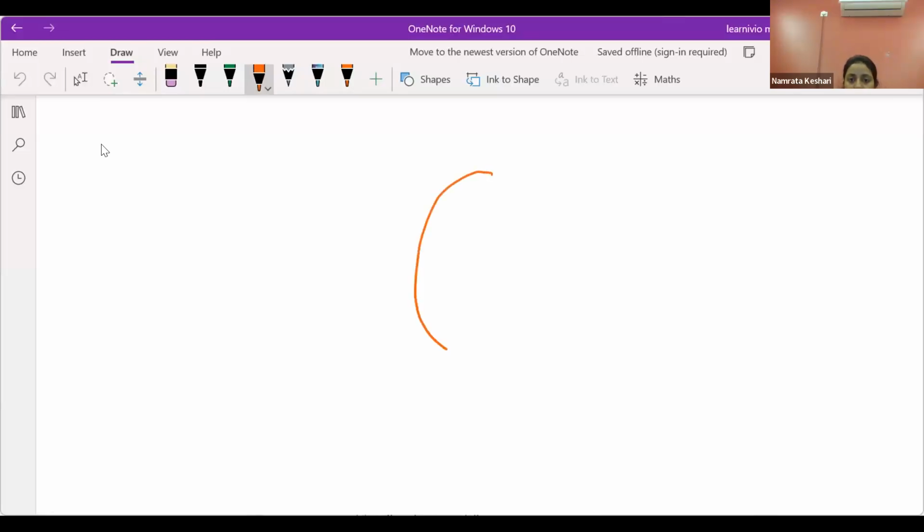We are having a circle. This angle is given as 50 degree.